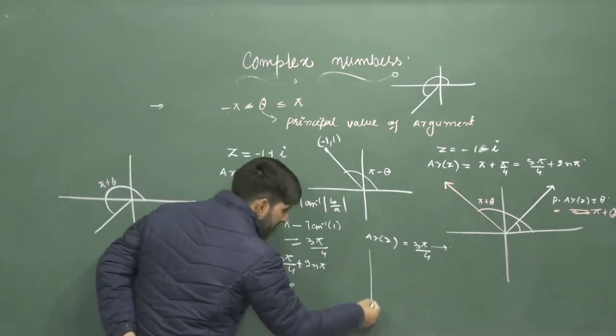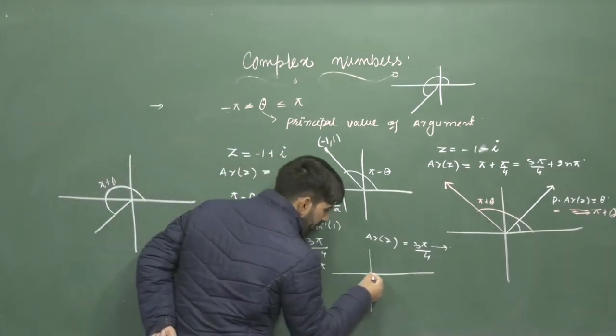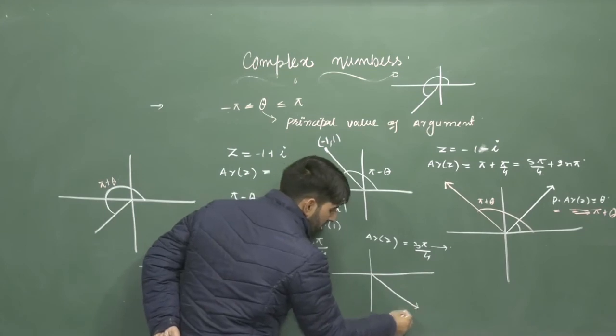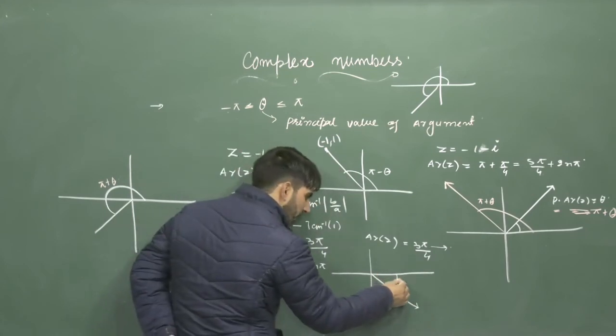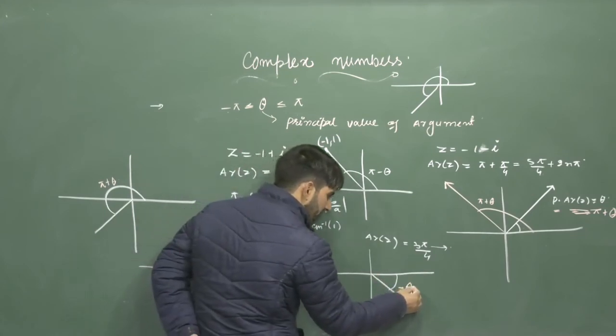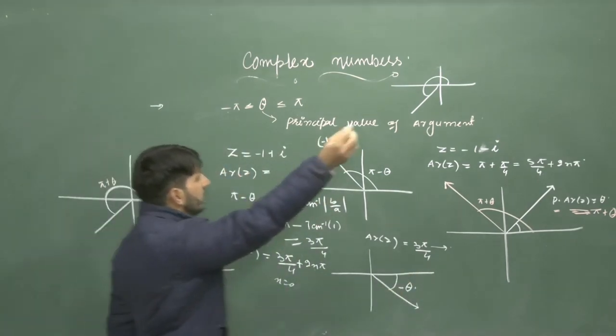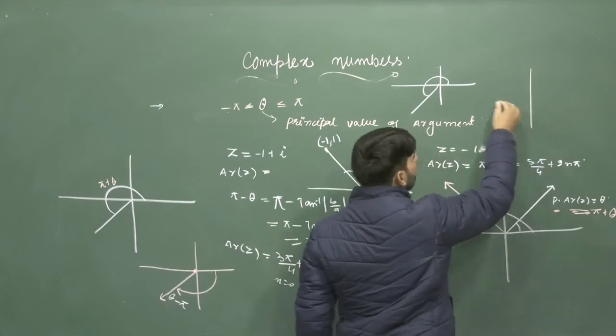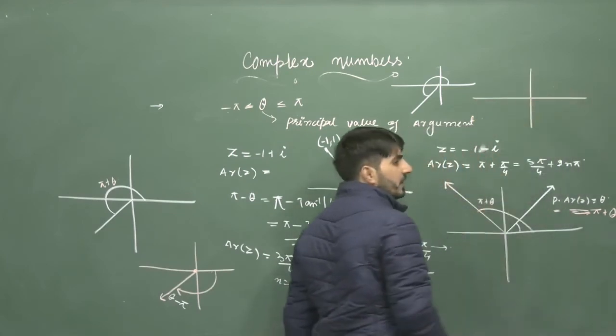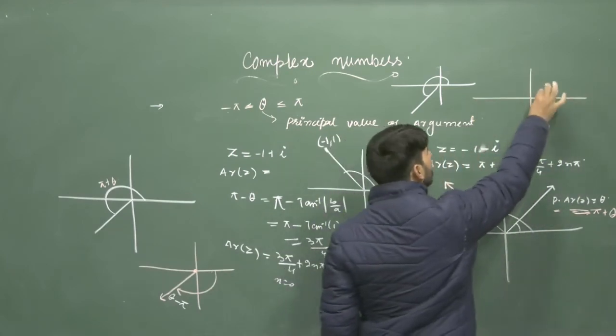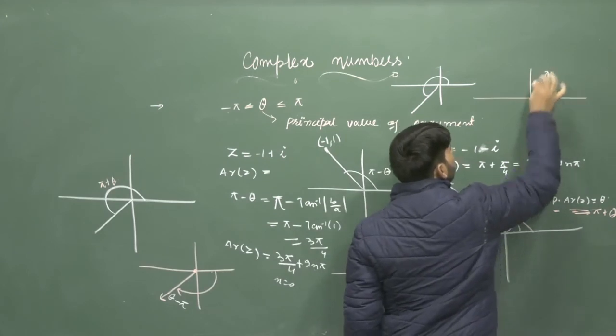Similarly, if the complex number lies in the fourth quadrant, its principal argument is -θ. Thus, in general, you can remember the values of the principal argument. If it lies in the first quadrant, its principal argument is θ.